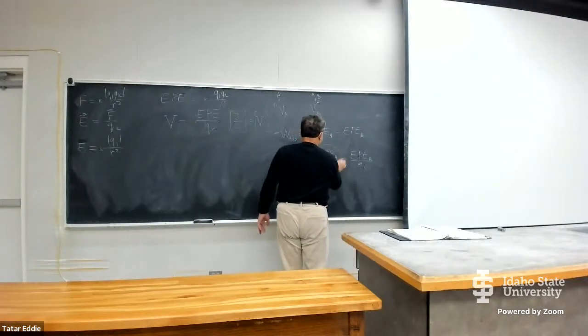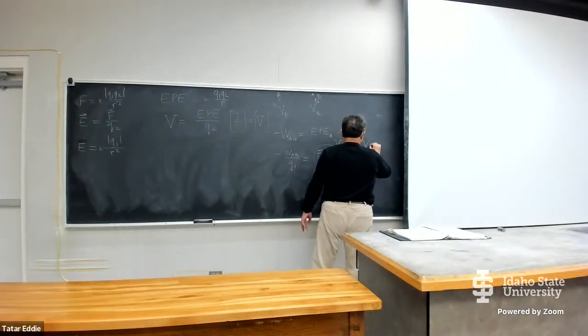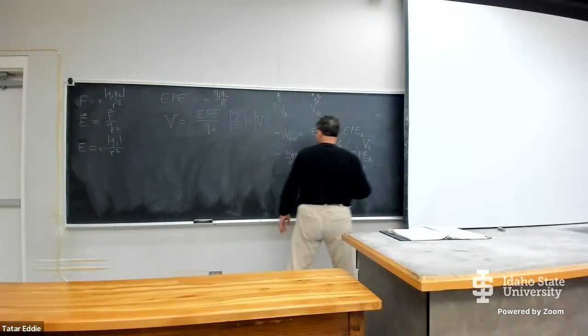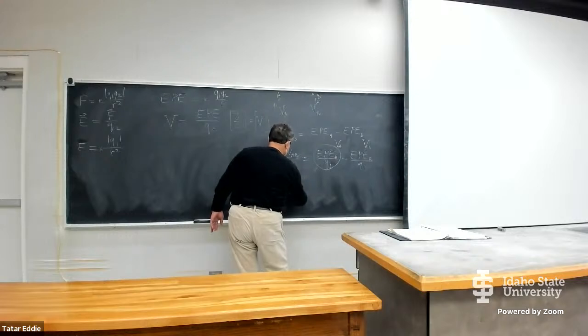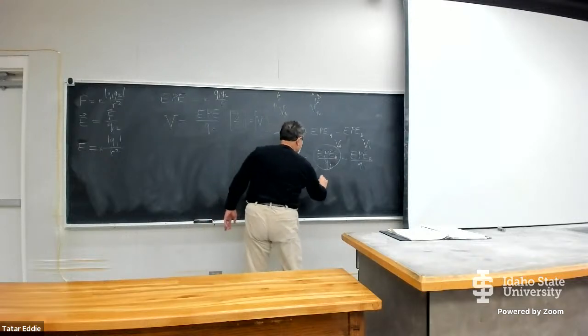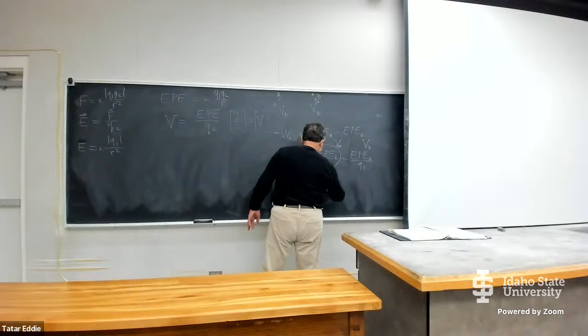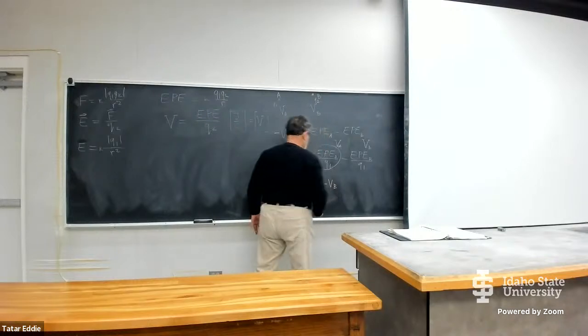But this is voltage at point A. This is voltage at point B. In other words, you get that the work in magnitude per unit charge is equal to VA minus VB.